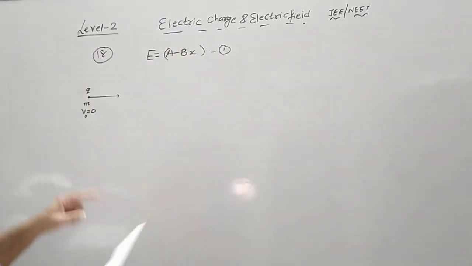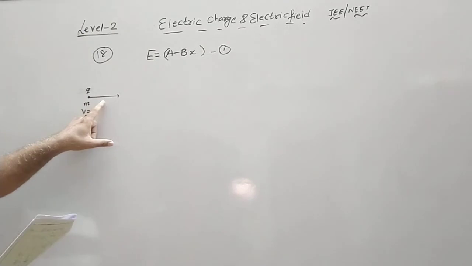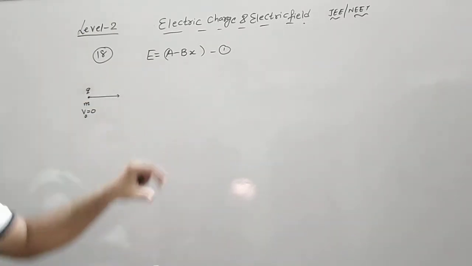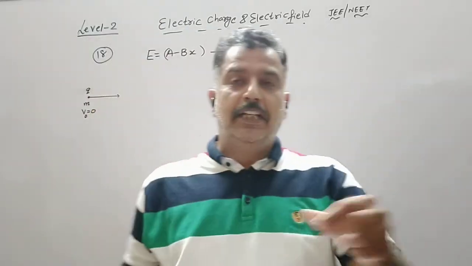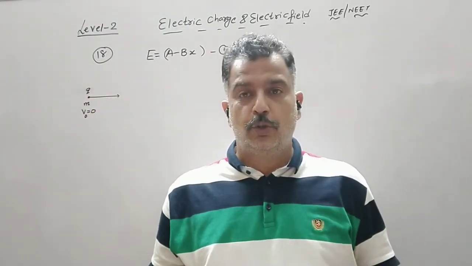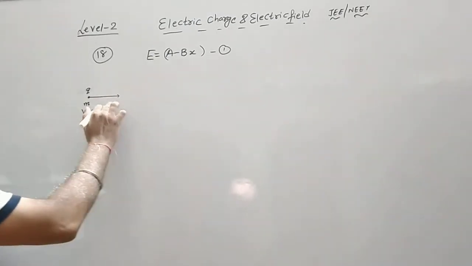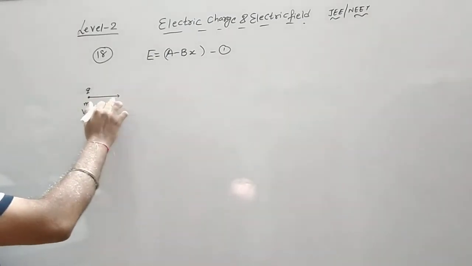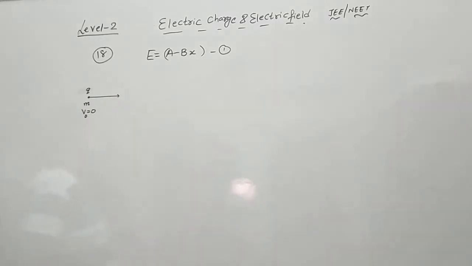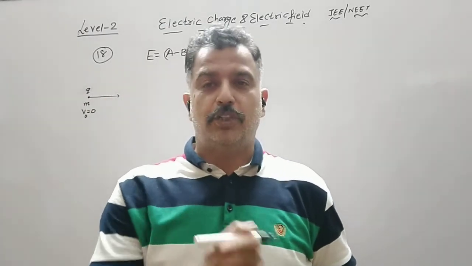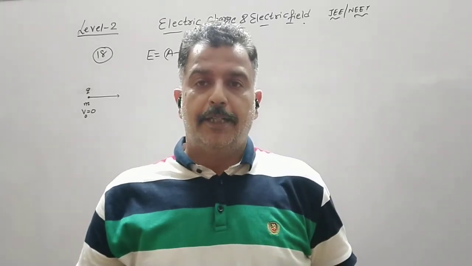So how much distance will this particle cover till it comes to rest? When it comes to rest, the final velocity should be equal to 0. So we have to find the final velocity at any instant, which should be equated to 0 because finally the particle comes to rest.